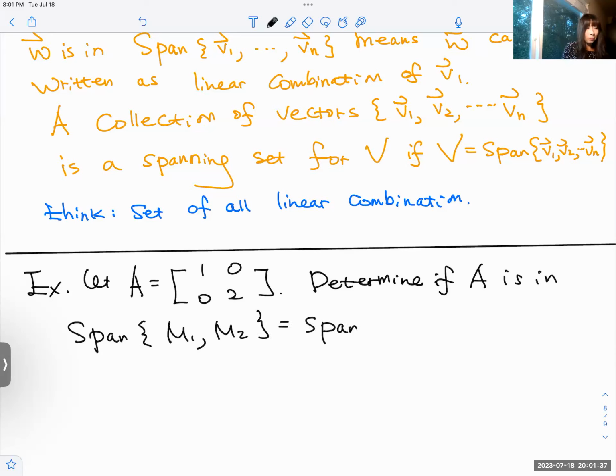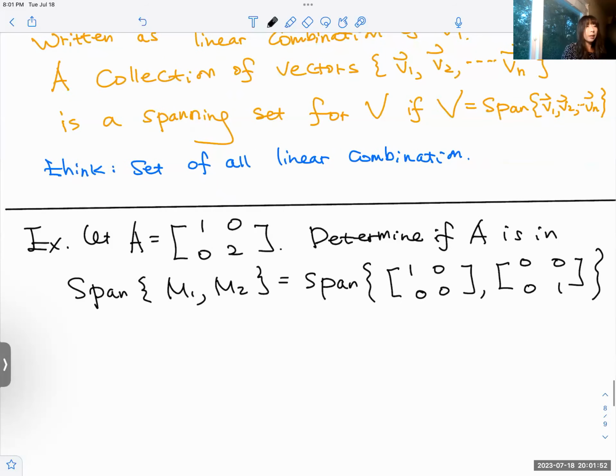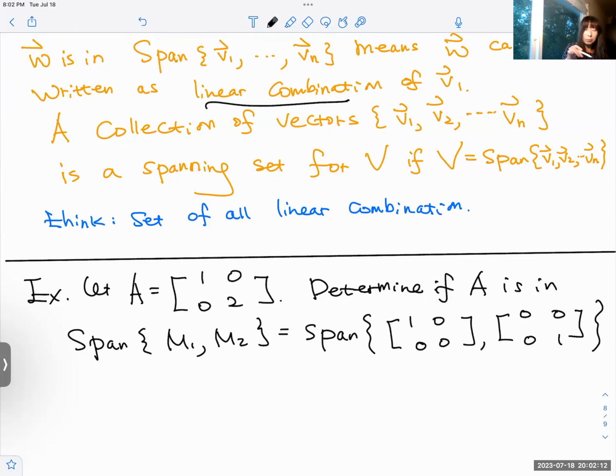So what's M1? M1 is given like 1, 0, 0, 0, and M2 is 0, 0, 0, 1. Okay, so we are going to make a linear combination, right? So let's say that A is in the span. This means we can express it as a linear combination.